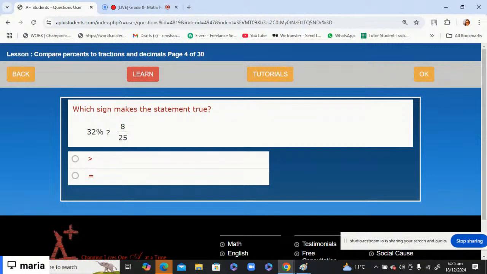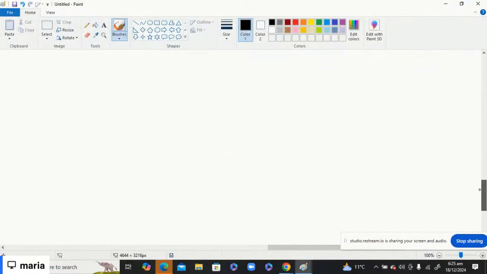Which sign makes the statement true? 32% or 8 by 25? So look here, 32% or 8 by 25. Convert this fraction. This is the easy way to check it, by dividing and then multiplying with 100. So we divide 8 by 25.